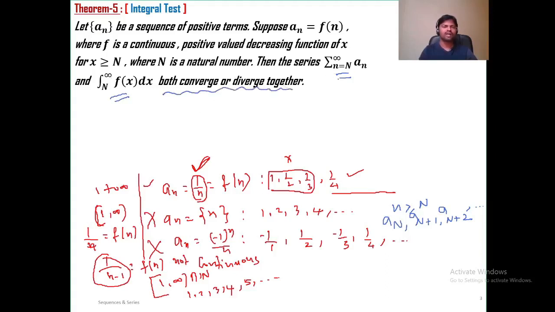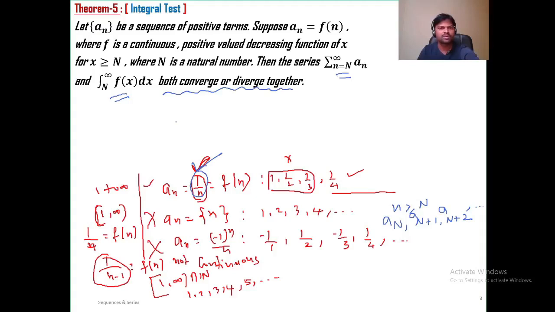So instead of finding directly the convergence status of the series, we are finding the integral value of the same function. If a_n is 1 by n, then f of n is 1 by n, so f of x is 1 by x. So I need to calculate the integration of 1 by x like this. If that value is finite, the corresponding series should be finite. Okay. The proof is not required.